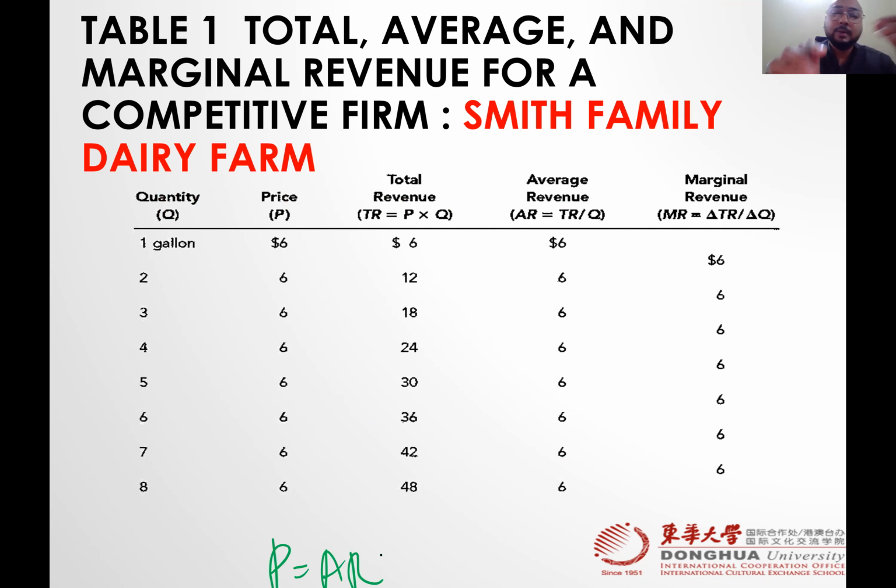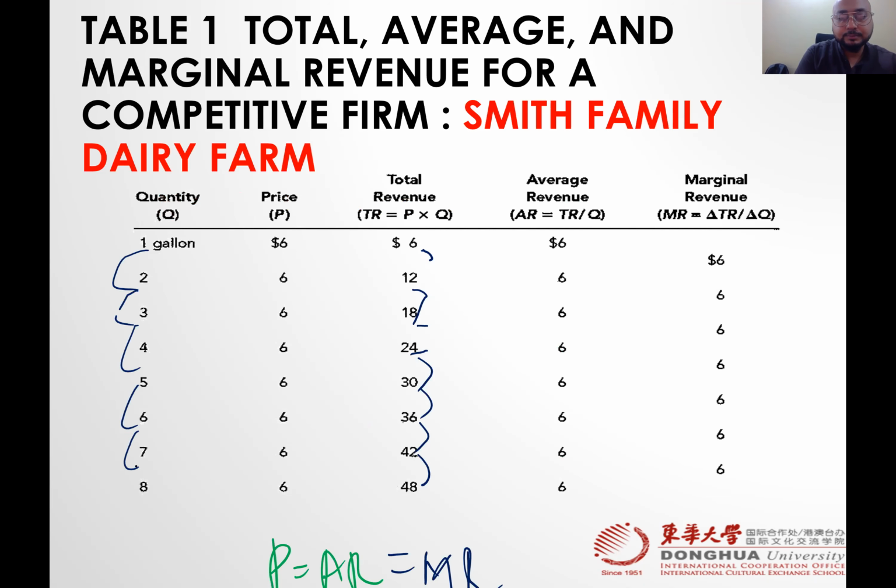We proved that. And now it's time to prove whether this is equal to MR or not. So let's talk about the MR, marginal revenue. What is the formula for marginal revenue? Change in total revenue divided by change in quantity. So where did this 6 come from? From 18 to 24, so 24 minus 18. The answer is 6, divided by 4 minus 3.